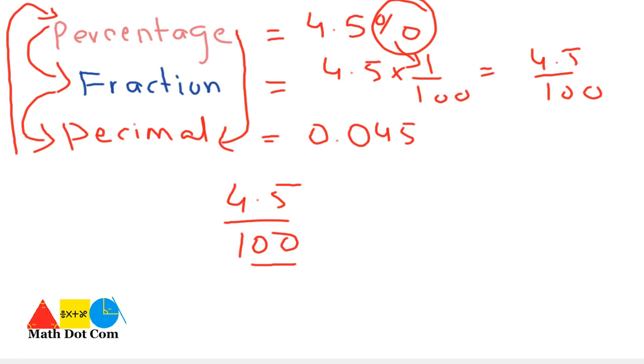As we have two zeros, we will move the decimal 2 points, and we will write it as 0.045. As there is no digit here, we will write 0 here. So this is how we can convert fraction to decimal. For the time being, that's all for today's lecture, and we will discuss the conversion in our next lecture. Thank you.